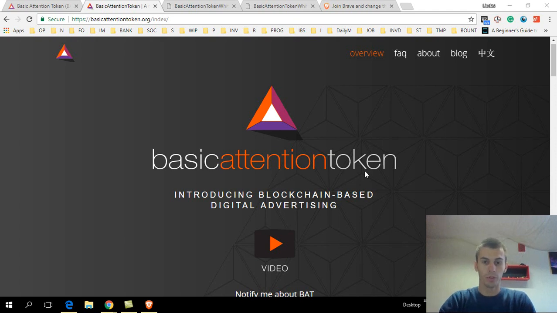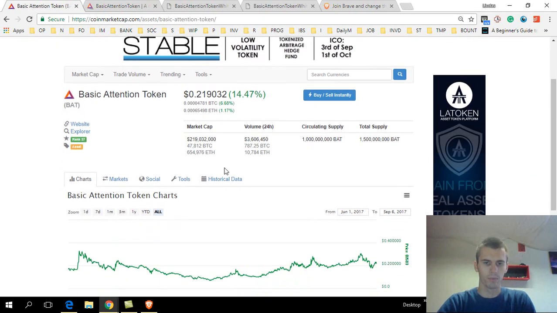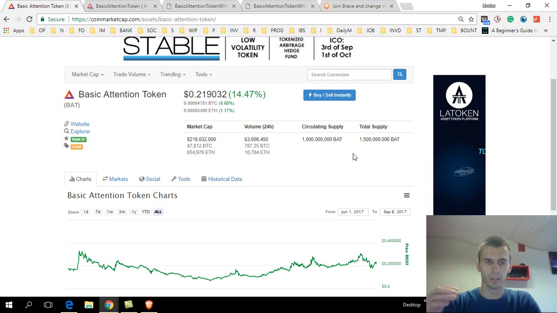Firstly, I think it's best to just show the charts. Right now it has a market cap of 220 million. The token supply that was distributed through an ICO is 1 billion. Also there's 500 million left, so a 50% increase is likely to happen, and I will talk about that a little bit later.